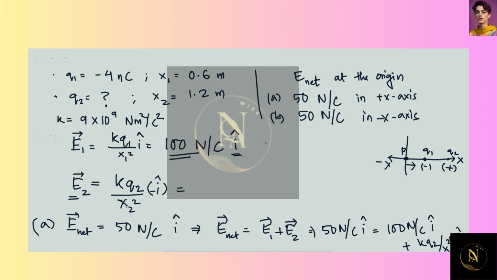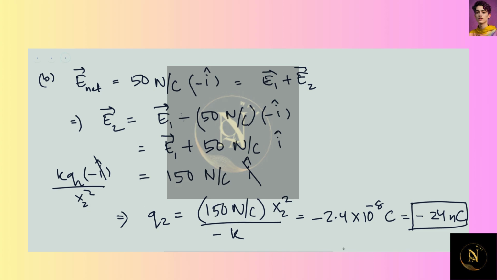So E net is now in the opposite direction to E1 and also has a lower magnitude. Which means that E2 has to be greater than E1 and E2 should also point in the negative x-axis. And that is only possible when Q2 is negative.